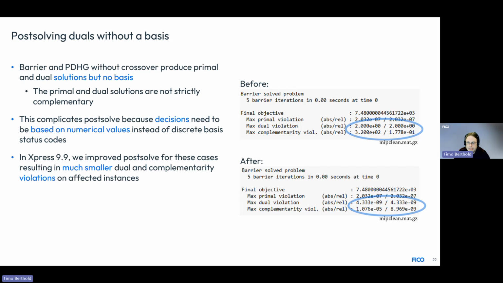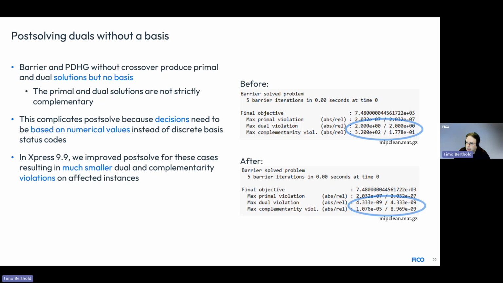Okay, still on LP news. When crossover is disabled, as is typical for PDHG, and sometimes for Barrier, the result that you get from your LP solver is an interior point solution without a basis attached to it. This means that there may be constraint violations, no strict complementarity, and duals can be non-zero even for constraints that aren't exactly tight.